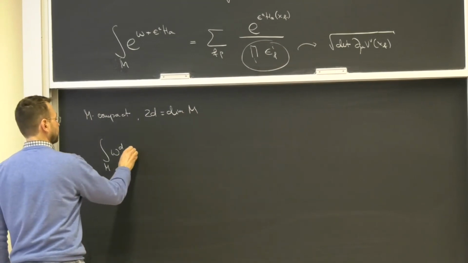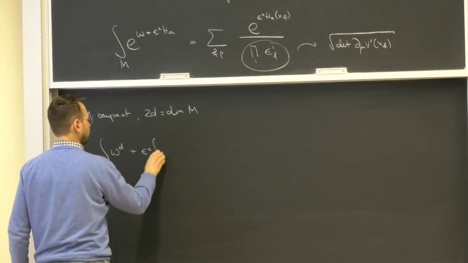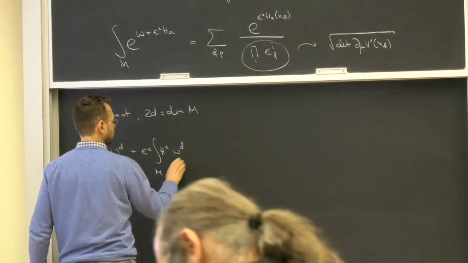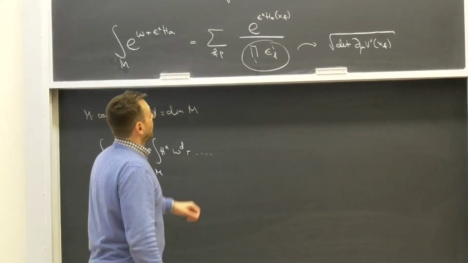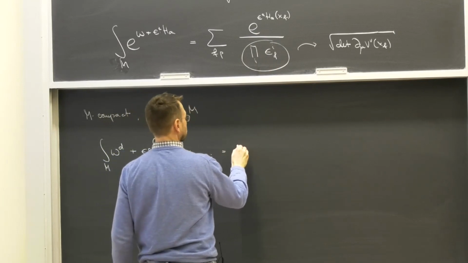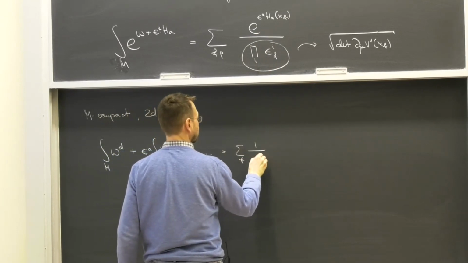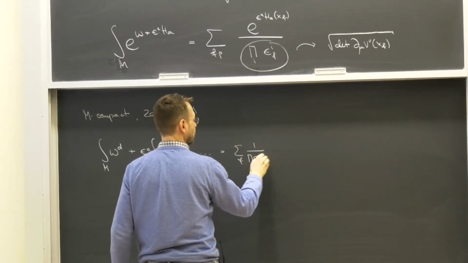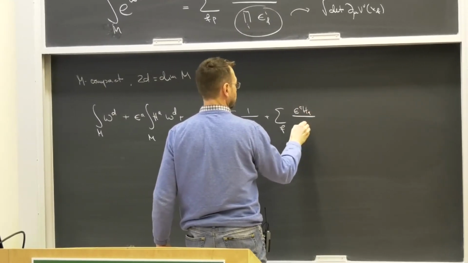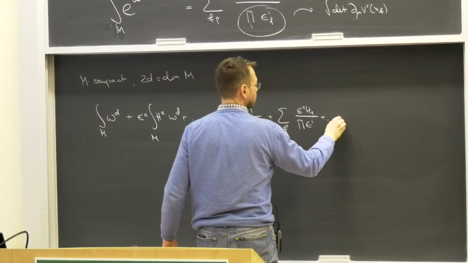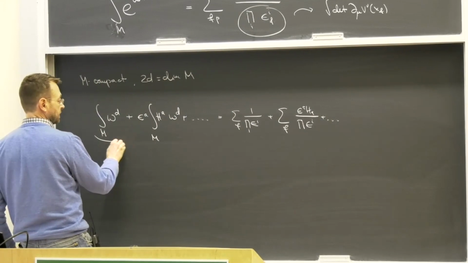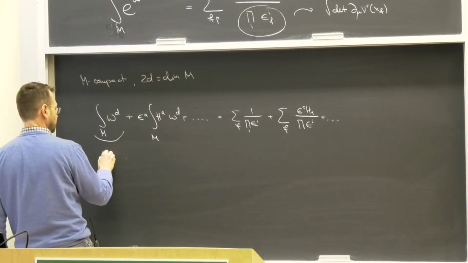The next order will be epsilon_a H_a omega^d over M plus etc. And then here, of course, I have to expand this as well. Roughly speaking, I will have a sum over fixed points of 1 over epsilon_I. Then the next term, if I expand, will be epsilon_a against epsilon_I, plus etc. But what is important is that if I'm on a compact manifold, this is a well-defined integral. It's a number.